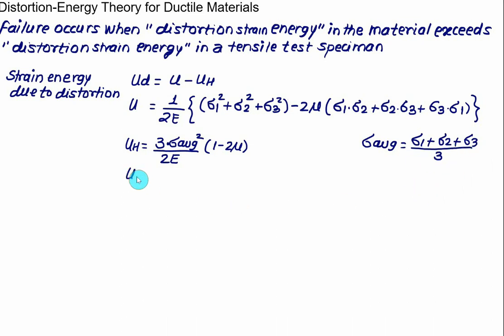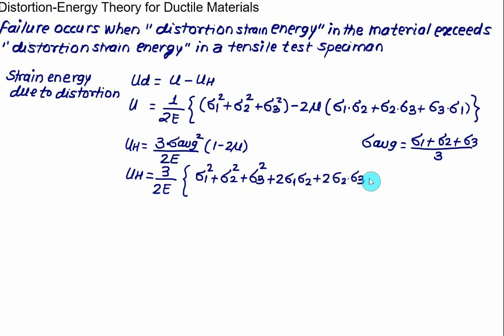So we have UH equal to 3 divided by 2 times the Young modulus multiplied by, you have to make a square of this term. So the square of this term will be equal to sigma 1 square plus sigma 2 square plus sigma 3 square plus 2 times sigma 1 into sigma 2 plus 2 times sigma 2 into sigma 3 plus 2 times sigma 3 into sigma 1.